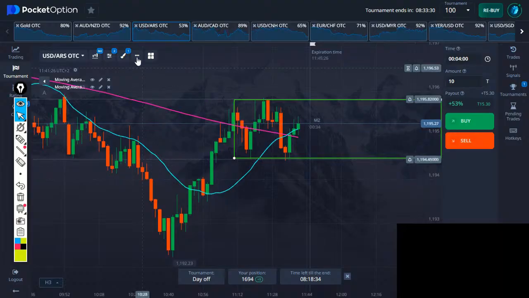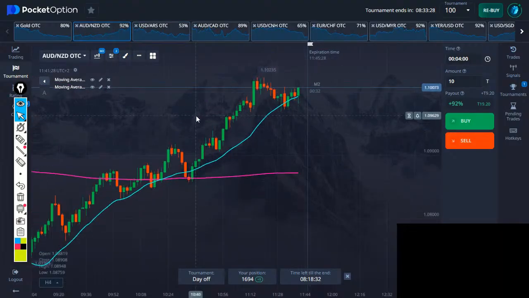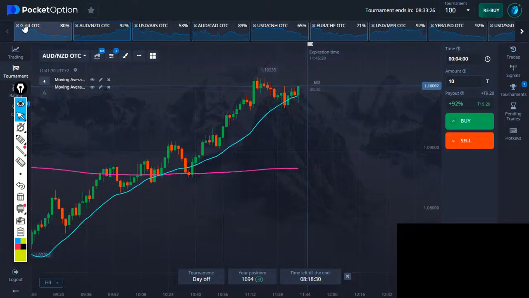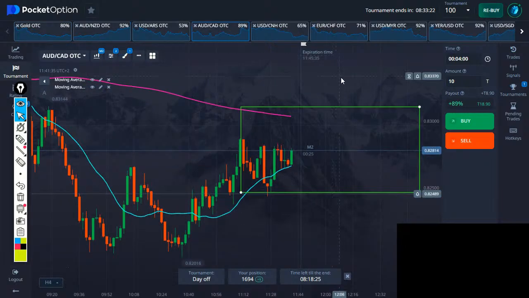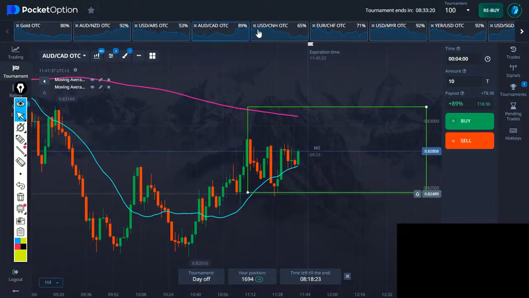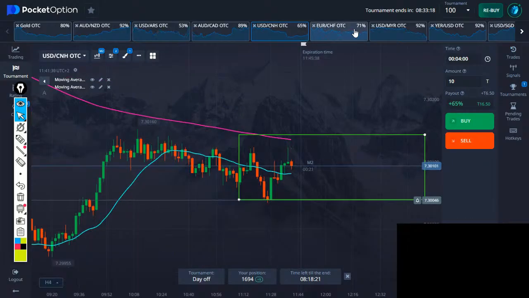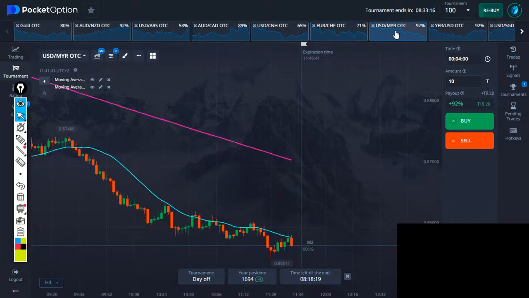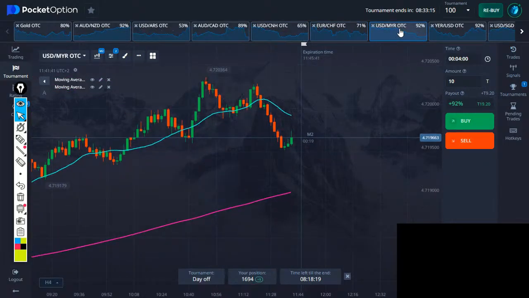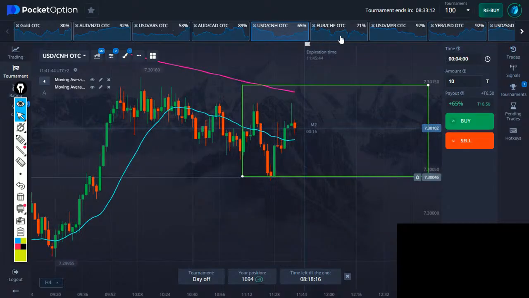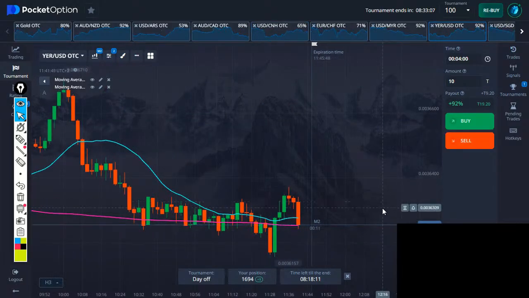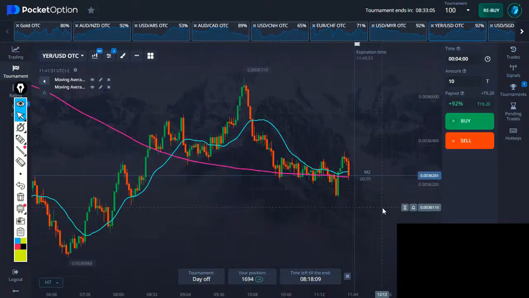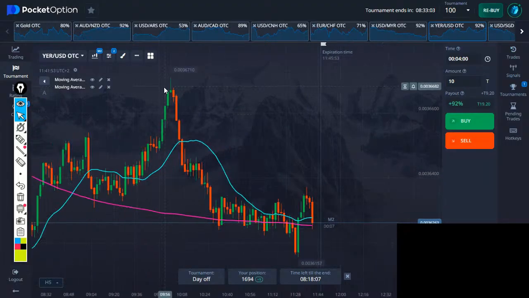So we have alarms all over the place. Okay, so we have three potential trades. Oops. This is nice as well.